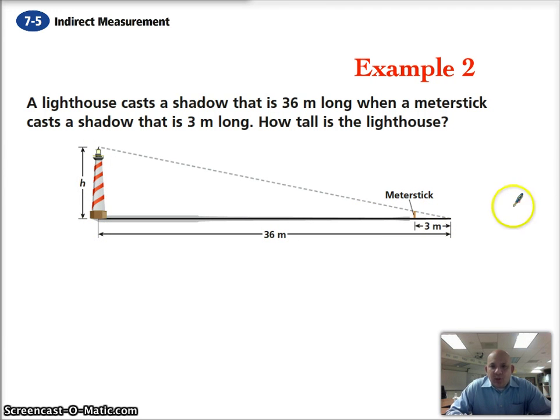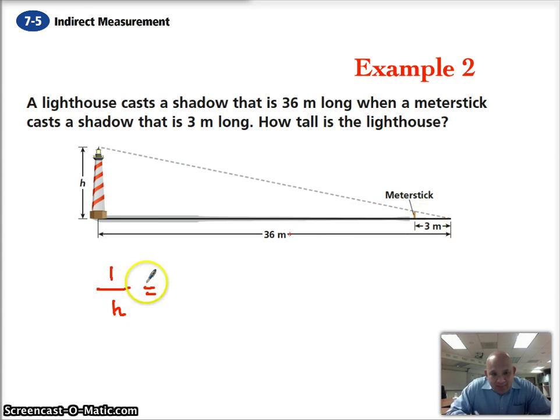Once again, we're going to make a ratio of the corresponding sides because these are similar triangles. Although one triangle is within the other, it doesn't matter. They are similar. So we take the height of the meter stick, which is 1 essentially. Compare it to the height of the lighthouse, which is h.